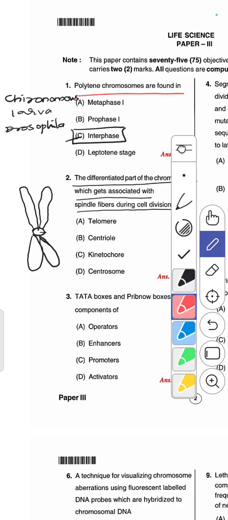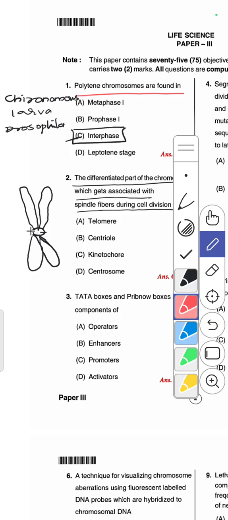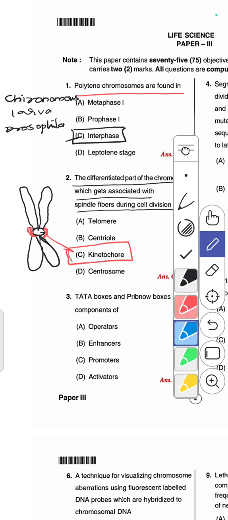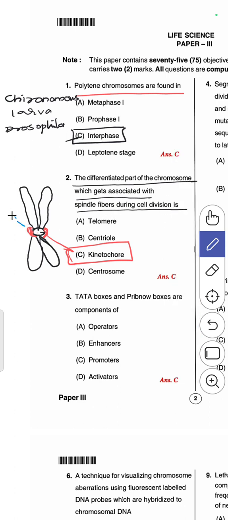The center part is the centromere. On the side of the centromere, you will come across a special protein material, that is the kinetochore. And this kinetochore helps in the attachment of spindle fibers during cell division. So C is the right answer for this question.